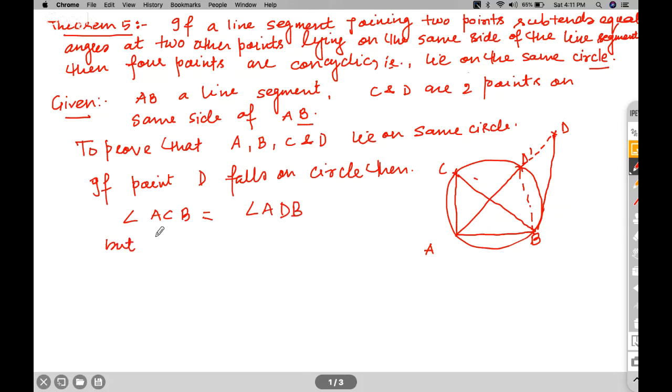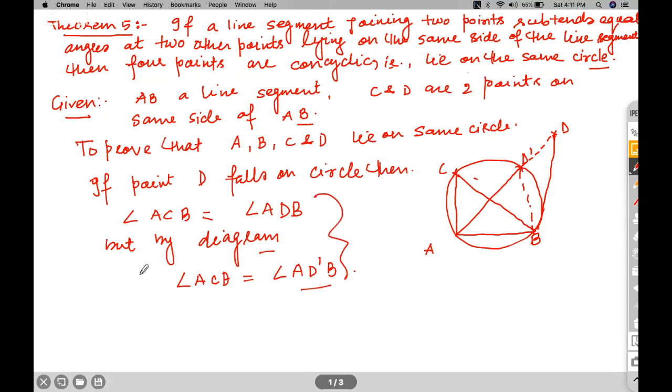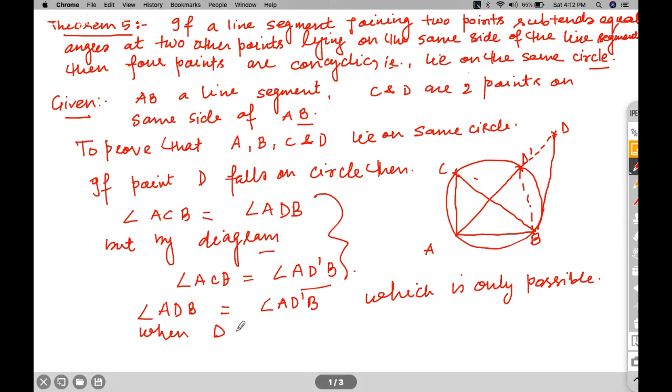But by diagram, angle ACB is equal to angle AD dash B. So these two things are only possible, which is saying that angle ADB is equal to angle AD dash B, which is only possible when D is equal to D dash, or D and D dash are coinciding.